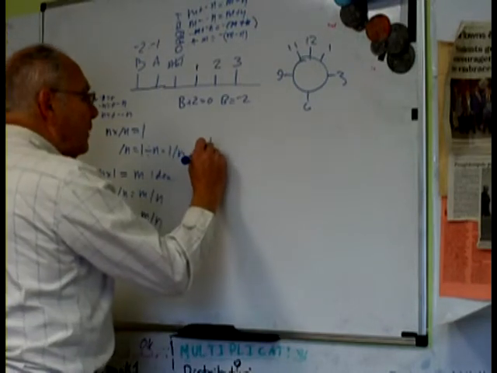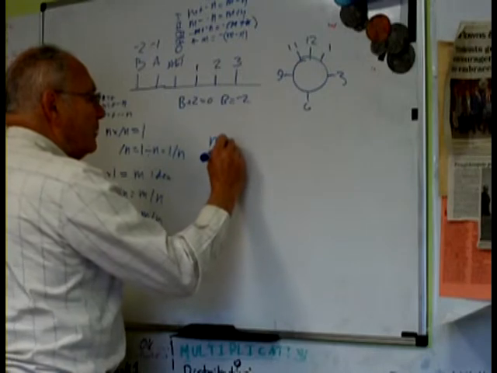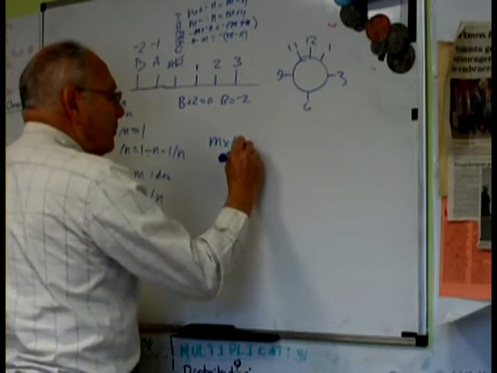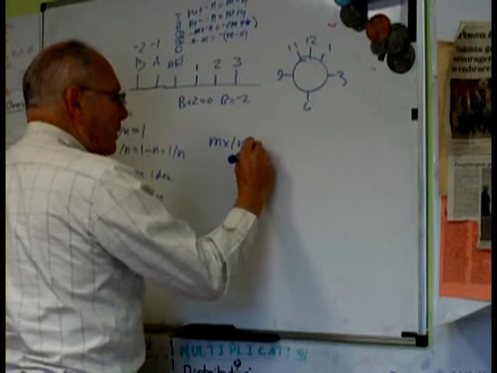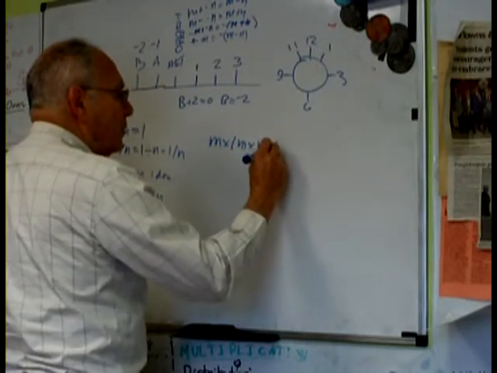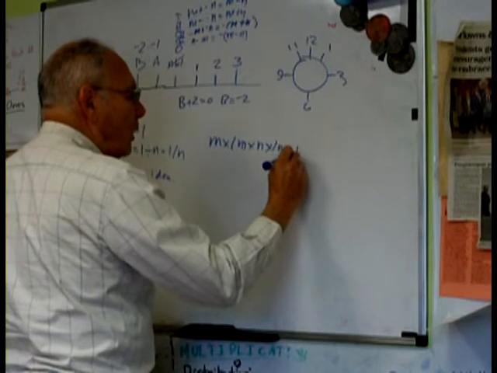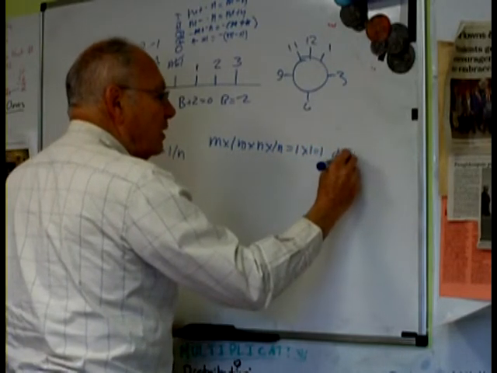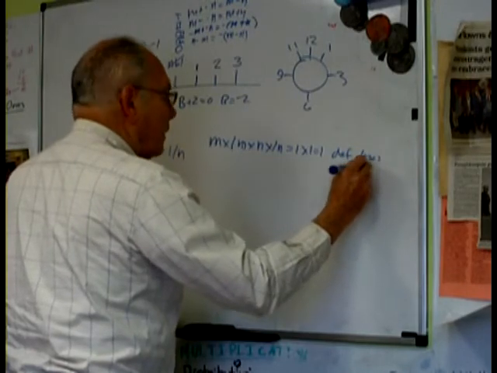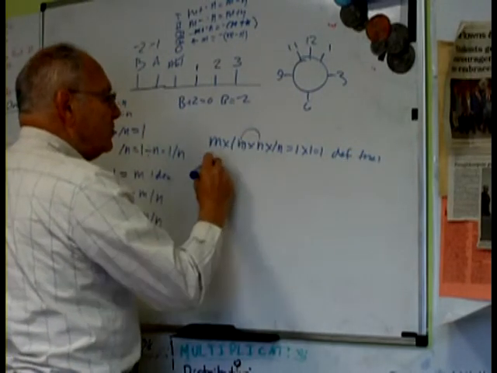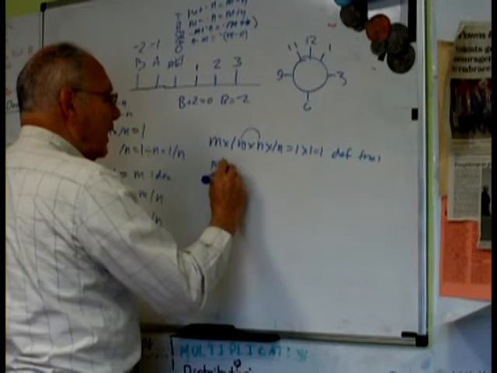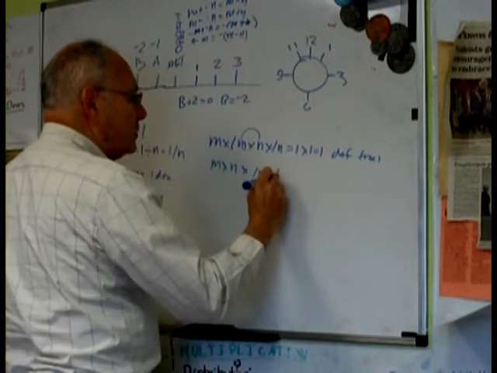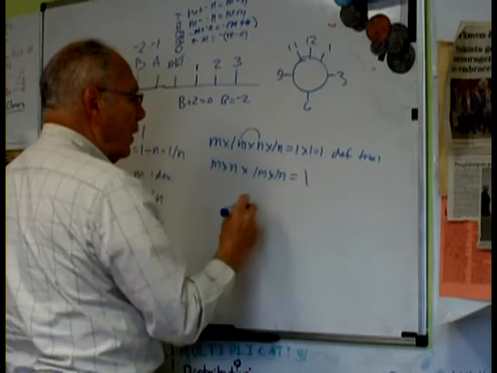Now, let's take our m times 1 over n times m times n times 1 over n equal 1 times 1 equal 1. Definition of a fraction. And this time we will interchange these two. So we get m times n times slash m times slash n equal to 1.